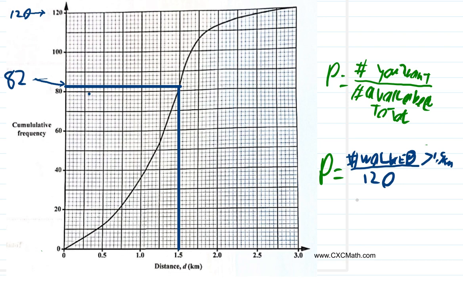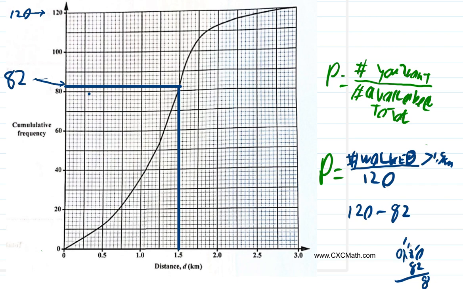So the number who walk more than 1.5 kilometers will be 120 minus 82. 0 minus 2, you can't, so borrow 1 from 2, you get 1. 10 minus 2 is 8. 1 minus 8, you can't, so borrow, you get 0.